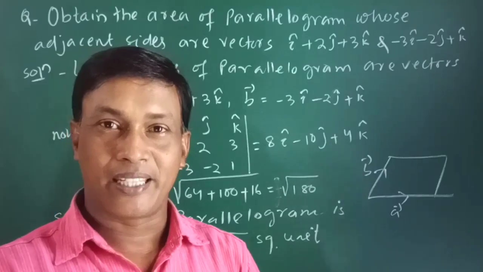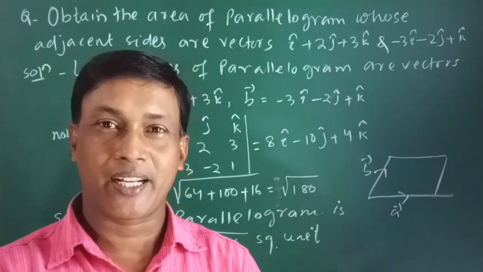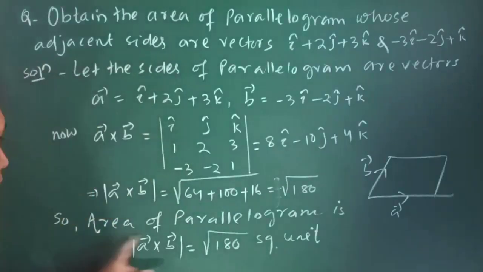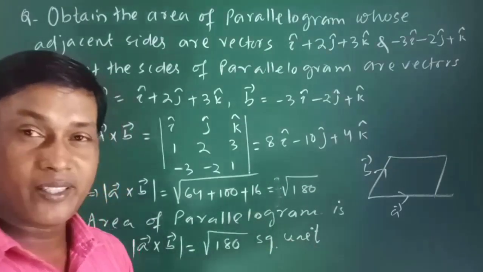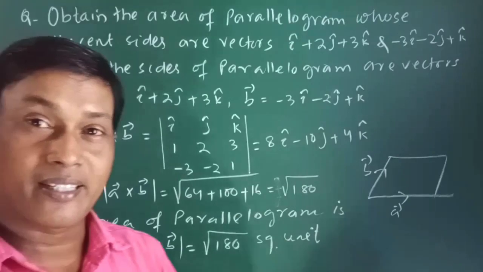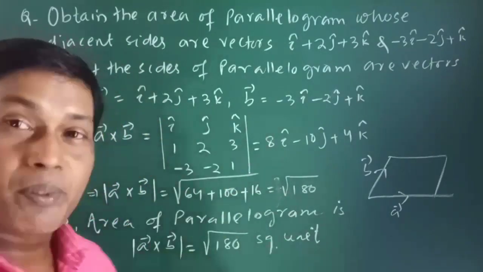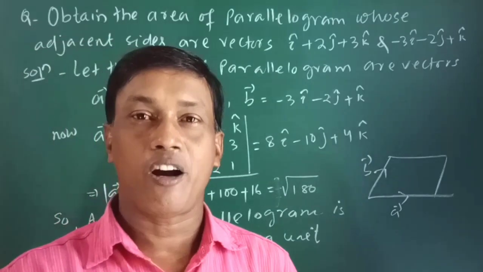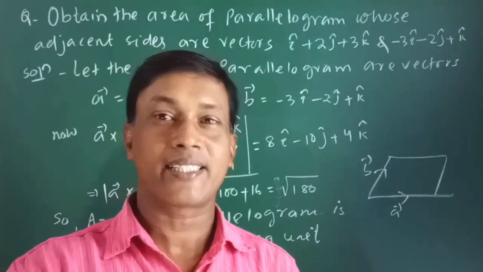The area of a parallelogram is the magnitude of A cross B. So the area of the parallelogram is the magnitude of A cross B vector, and this is square root of 180 square unit. Always the area is represented in square units. So in this process you can find the area of a parallelogram of any vectors when the two adjacent sides are given.